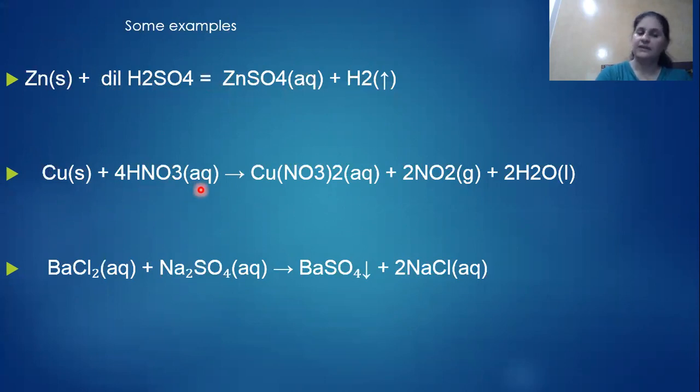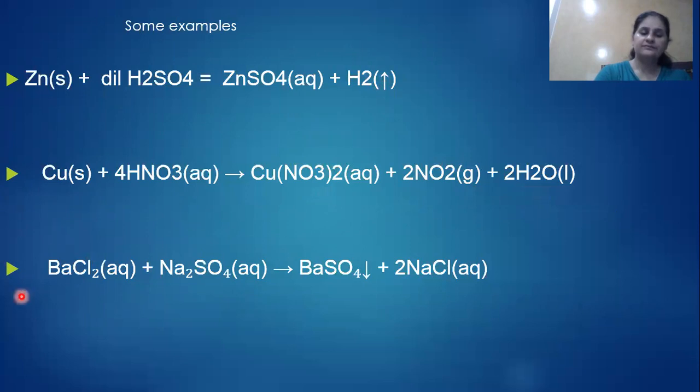Nitric acid, aqueous, more water is present in it. Copper nitrate, the product formed, is aqueous. That means it is completely dissolved in water. Gas, nitrogen dioxide, is evolved. You can write G also, or you can put this arrow symbol out here pointing upwards. Then water is obtained in the liquid state.